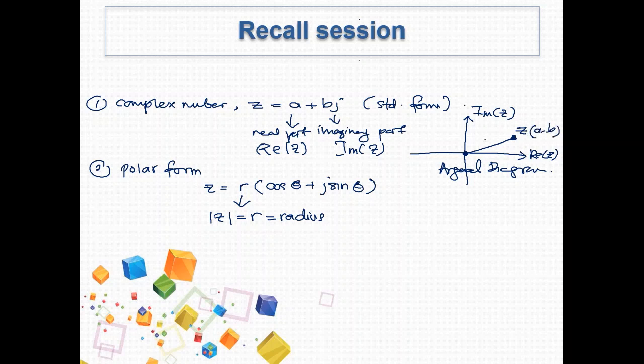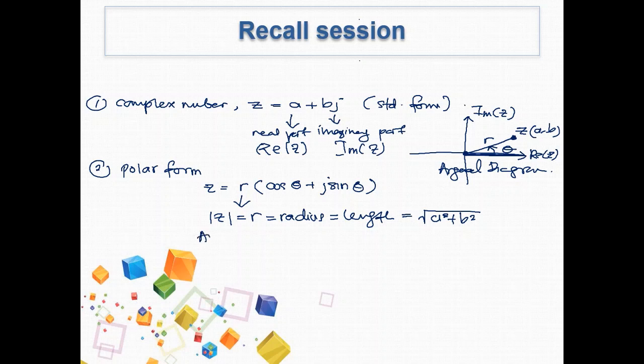So r is the radius or length, equivalent to the square root of a squared plus b squared, while theta is the angle of your straight line from the x-axis, following the anti-clockwise direction.